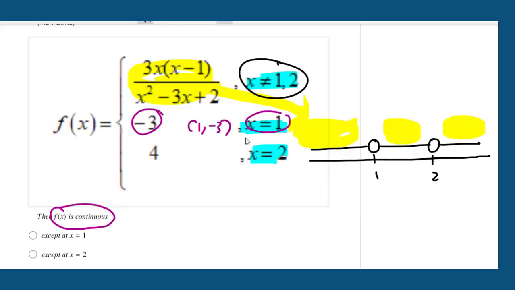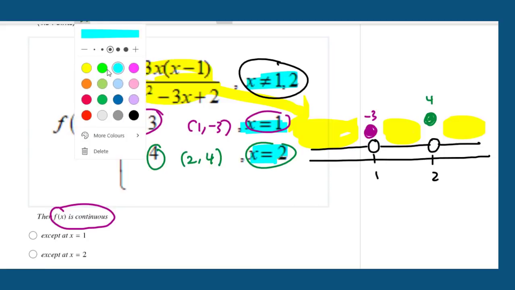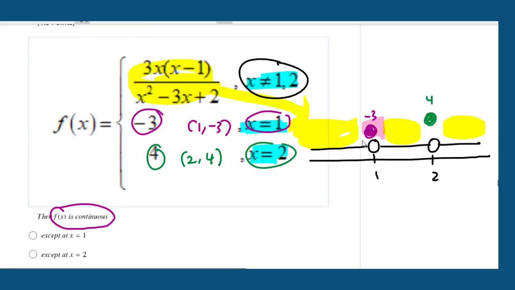This is just a one coordinate point. When x is equal to 2, y is equal to 4. So this is also 1 point. Now we need to consider these points, 1 and 2.